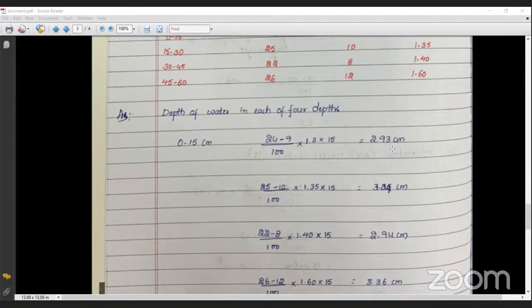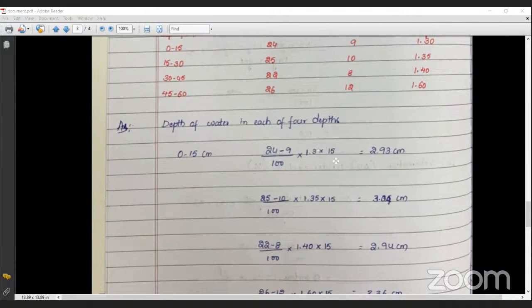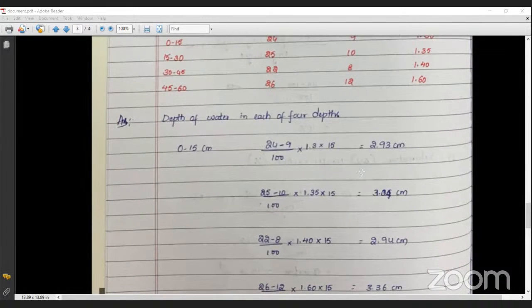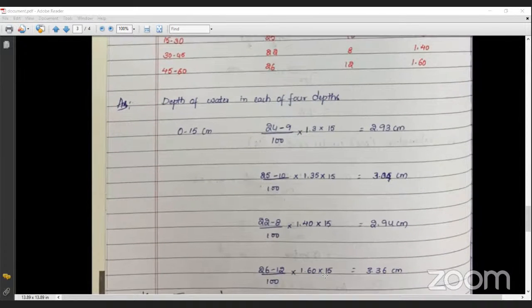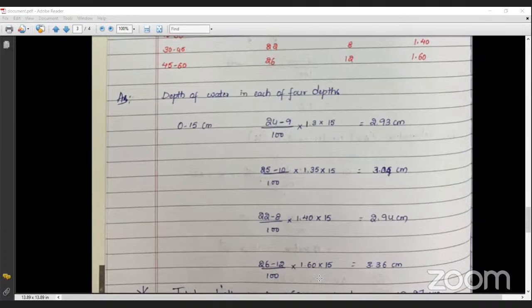So for the first 15 centimeter, the depth of water is 2.93 centimeter. That means for 15 centimeter depth of soil, the amount of moisture present is 2.93. Then from 15 to 30, for that next 15 centimeter depth, the soil moisture depth is 3.04. For 60 centimeter, that means first 15, second 15, third 15, fourth 15, the total is 60 centimeter.